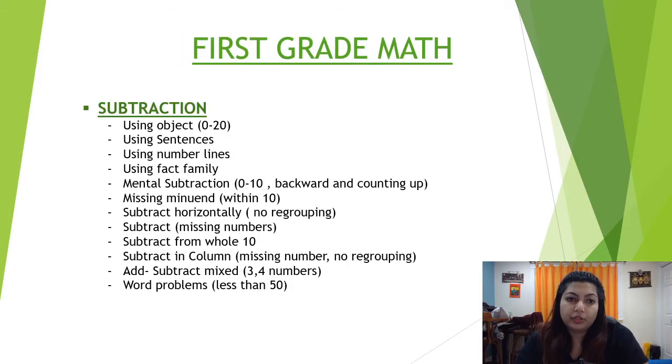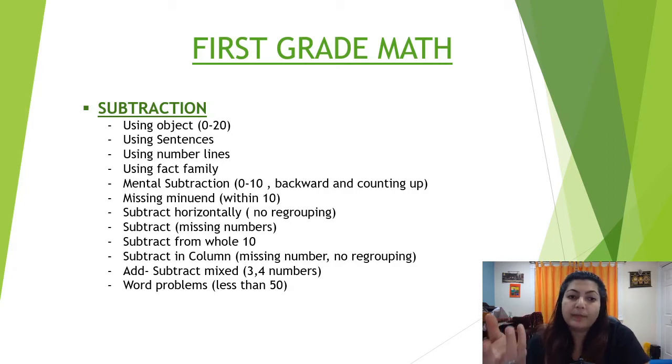Next comes subtraction. With subtraction, it's of course 0 to 20 to start with using objects, but then again it is the same, like they teach how to do backward counting, like counting down and counting up, basically using a number chart or number line.